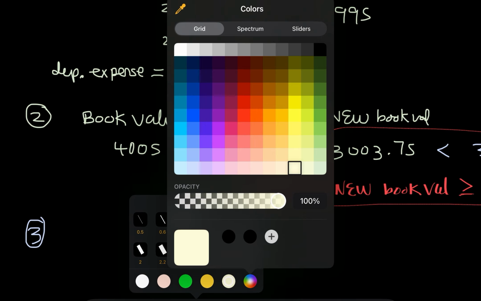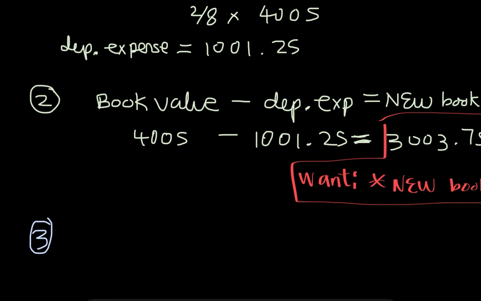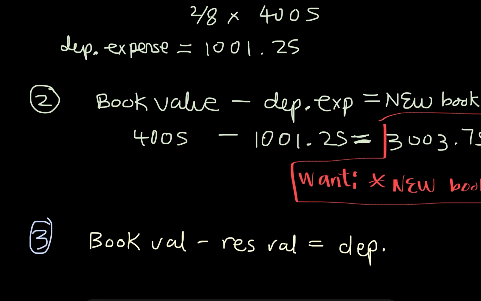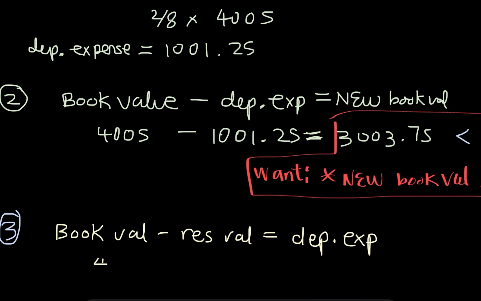is instead to take the book value and minus it by the salvage or the residual value to get the acceptable depreciation expense. Depreciation expense cannot be 1,001, so we will correct it by inputting our book value.